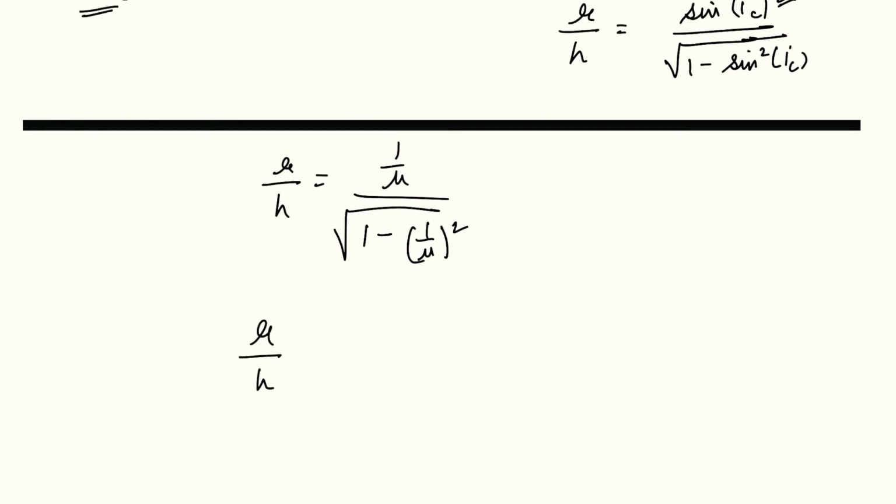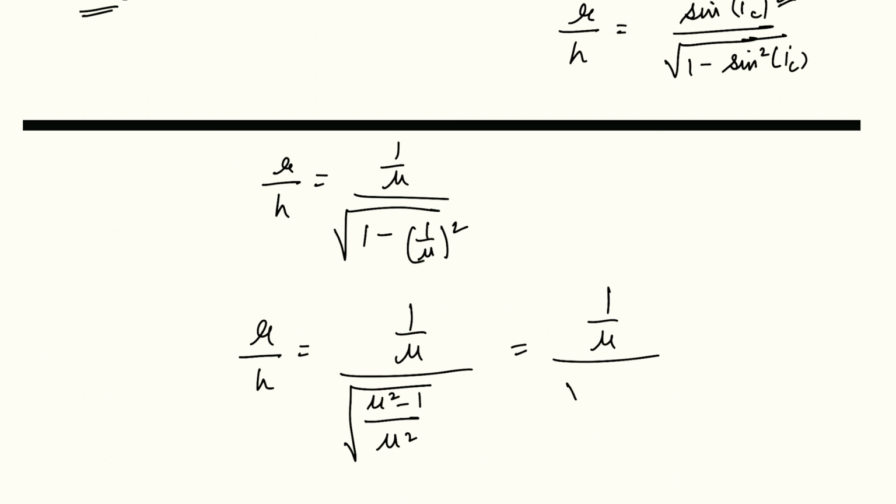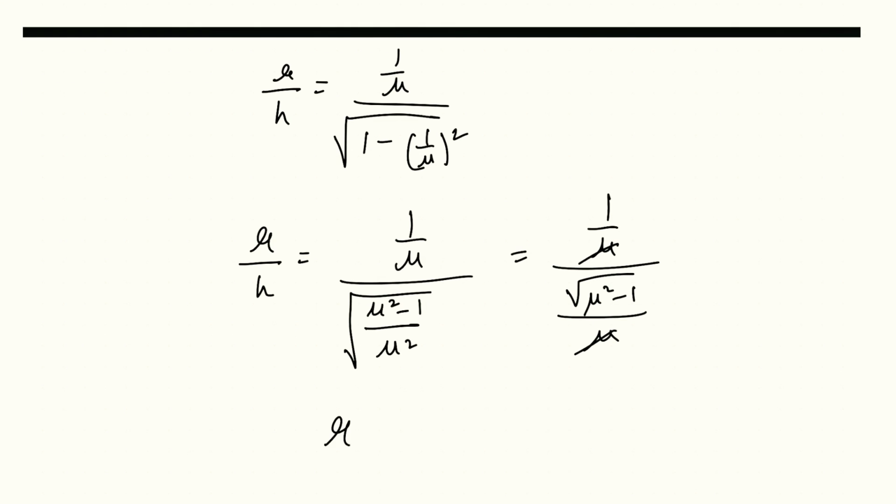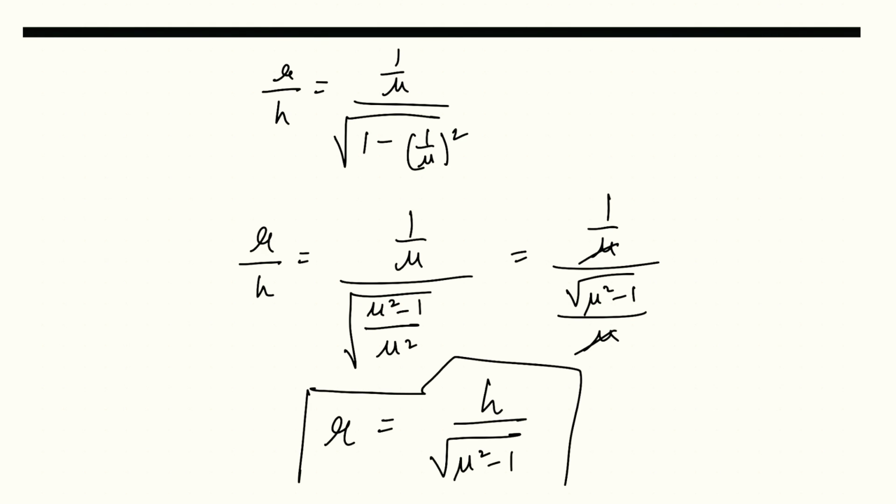This is R upon H is equal to 1 upon nu divided by, taking the LCM down there, nu square minus 1 upon nu square, and the entire thing is under root. You will get 1 upon nu upon root of nu square minus 1 upon nu. Nu and nu will cancel out, and your radius will be equal to H upon root of nu square minus 1. I hope you can understand.